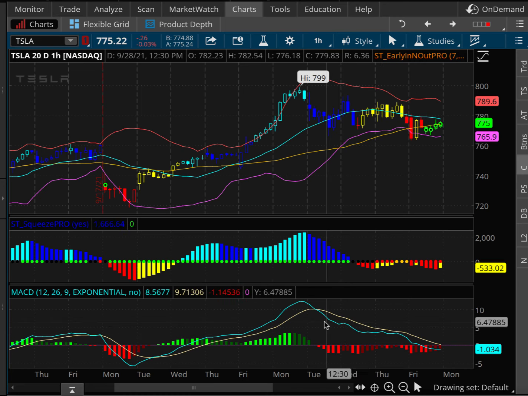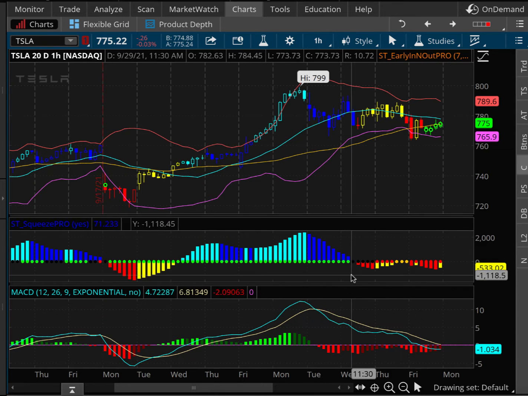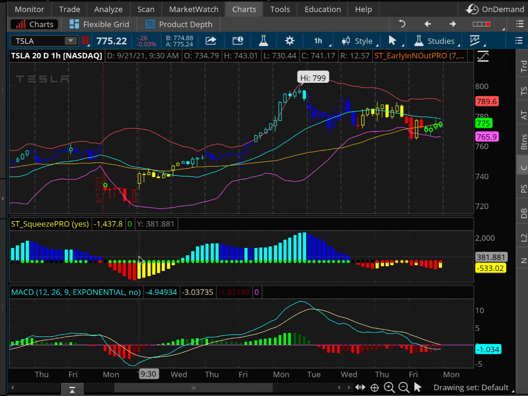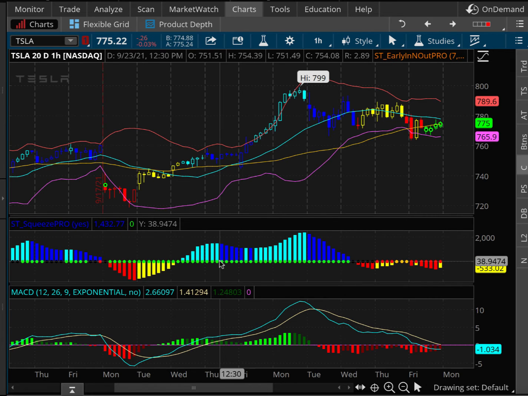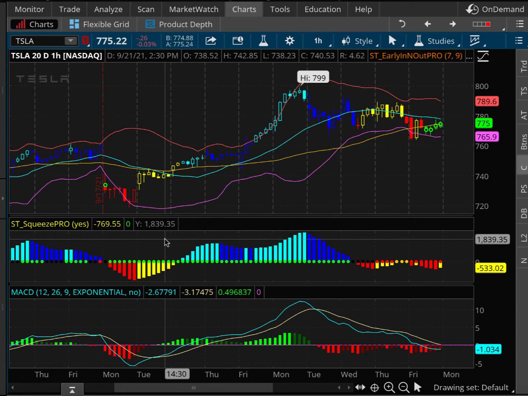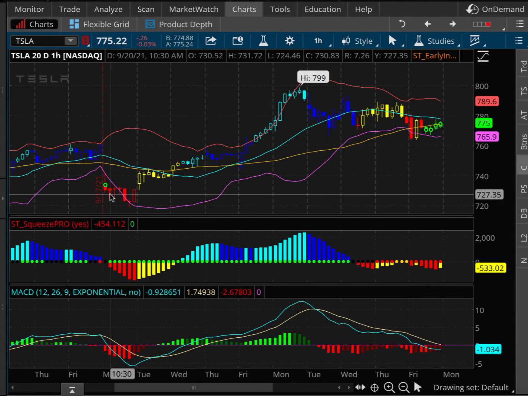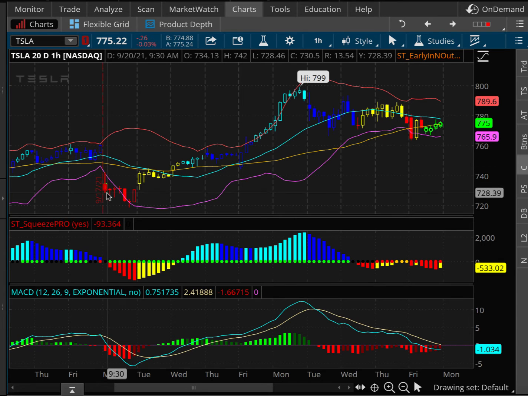One other way that I use the MACD is to determine direction of a squeeze firing. I'll cover the squeeze in another video, but what this squeeze indicator is measuring is a coiling of momentum. So for example, there's a squeeze here indicated by a black dot, and I have an early in signal signified by this green dot on the chart.